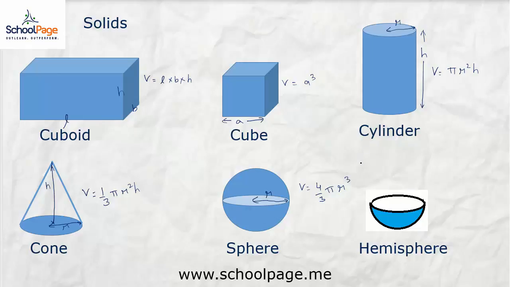The hemisphere is always half of the sphere, so if the radius of the hemisphere is r, then the volume is 2 by 3 pi r cube.